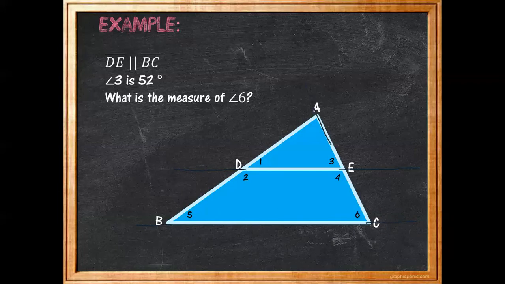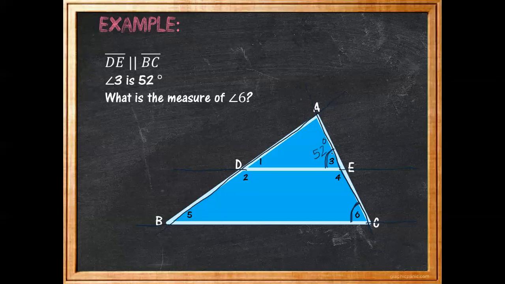Then we're looking at this transversal here. If we know that the measure of angle 3 is 52 degrees, this is wanting to know what the measure of angle 6 is. Angle 3 is on the top parallel line, and it's to the left of the transversal.